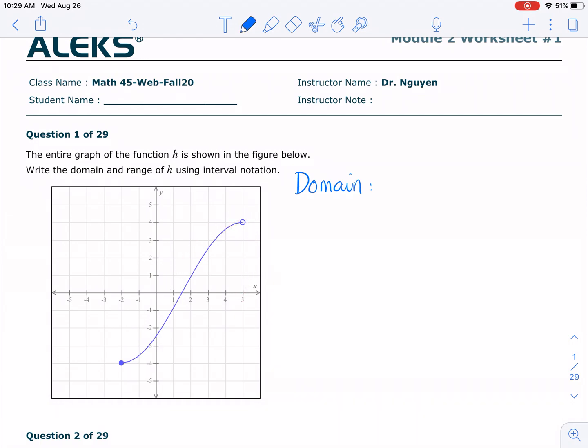So for the domain, it's going to be bracket -2 and we go to 5 parenthesis. For the range, we look bottom up. So you see at the bottom right here, we have -4, and then up right here, we have +4. Once again, you close the bracket for -4, and for +4, we use parenthesis.